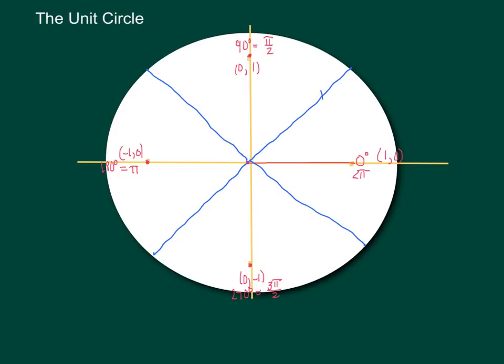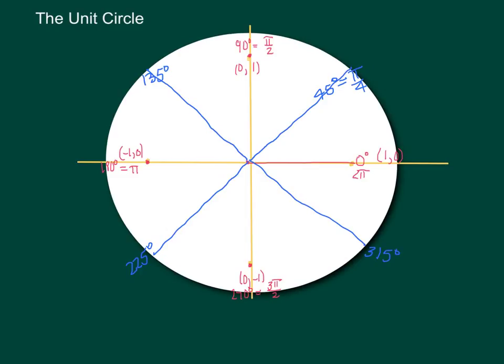That'll give me my 45 degrees, which is 1 pi over 4. So if I count by 45s, this will be 135. This will be 225. And right here would be 315.